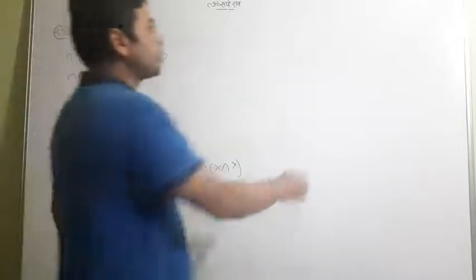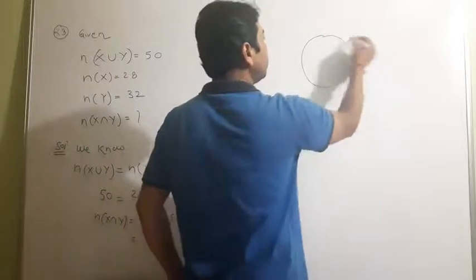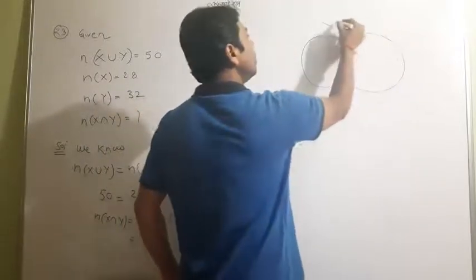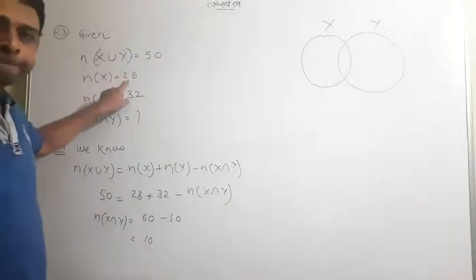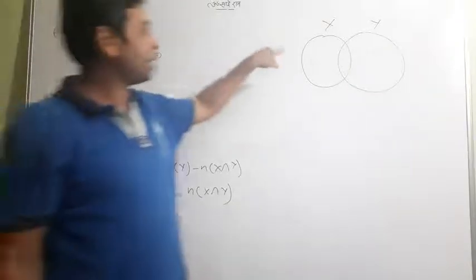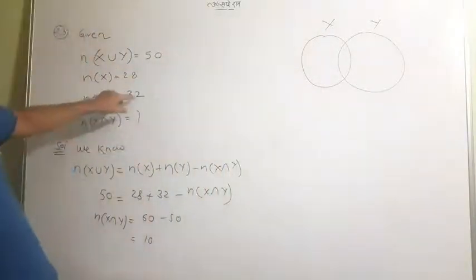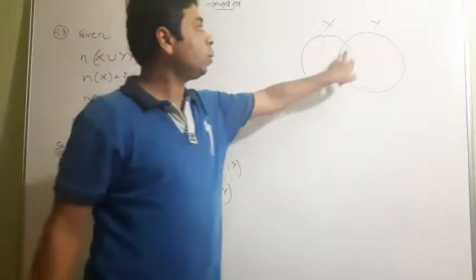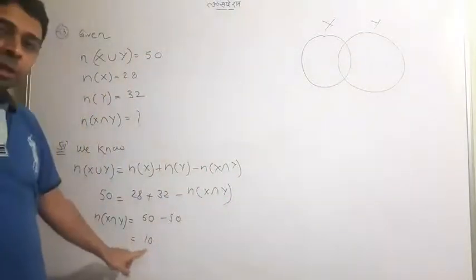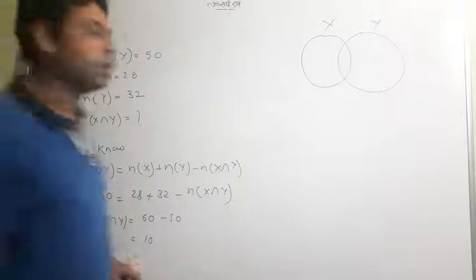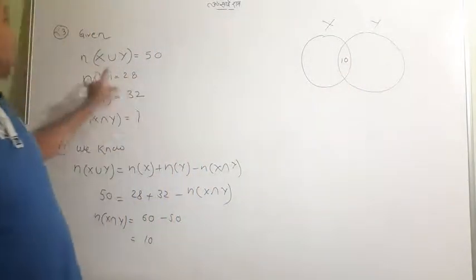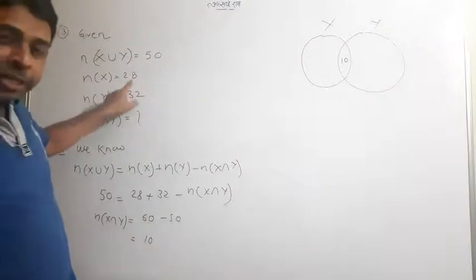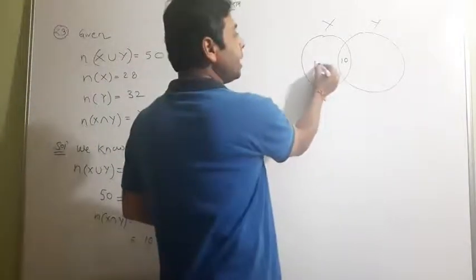If you go to the picture, let me explain something very important. Look at it. It is X intersection Y. So this is 28, N of X, 28 elements. This is 32 elements. In the common region, how many elements are there? 10. N of X intersection Y. So it has 10 elements in common. N of X had 28 elements, so this is 18 elements. Why?